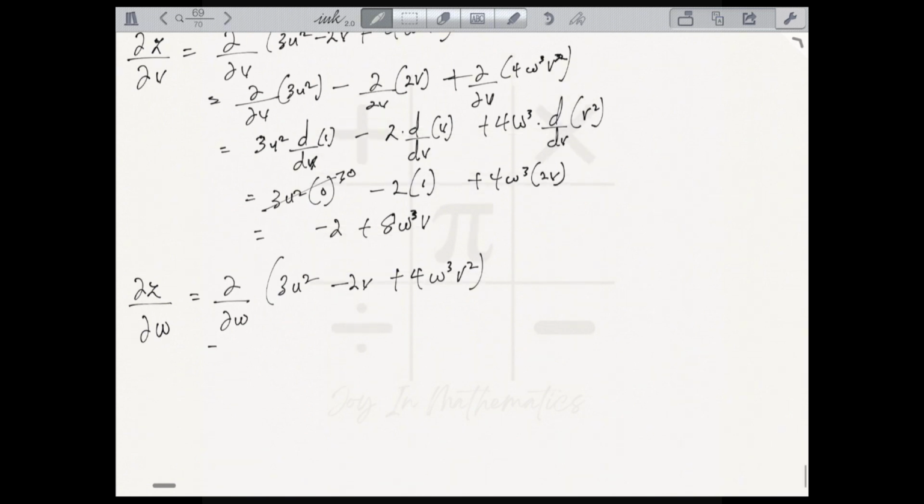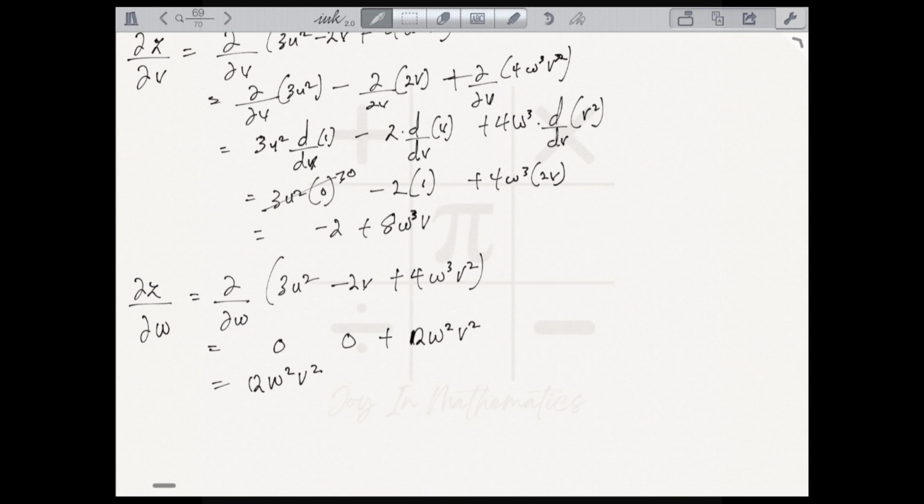When we differentiate partially with respect to w, we can realize that our terms will be left with 0, 0, and plus 12w squared v squared. Our answer will be 12w squared v squared, because u and v are kept constant.